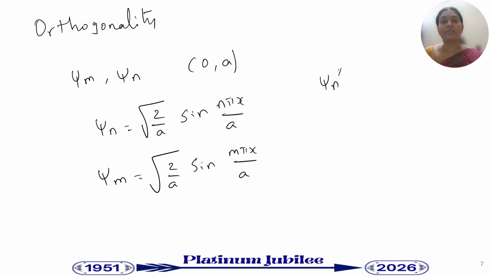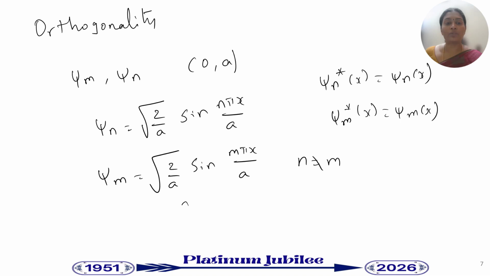It means psi n star of x is nothing but psi n of x, and similarly psi m star of x is equal to psi m of x. And here one more thing is n is not equal to m. So I'm just going to calculate in the same limit 0 to a, psi m star into psi n into dx.